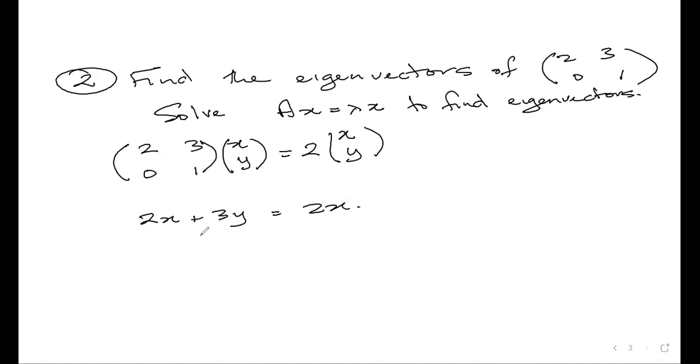This time, I'm going to get y equal 2y and 2x plus 3y equal 2x. So you always end up with some linearly dependent equation. So now, the second equation is kind of redundant. There's only one value of y that is going to make y be equal to 2 times y. What is that value?